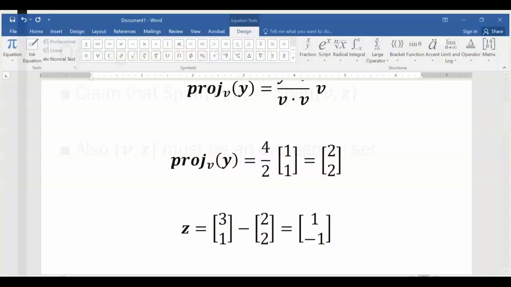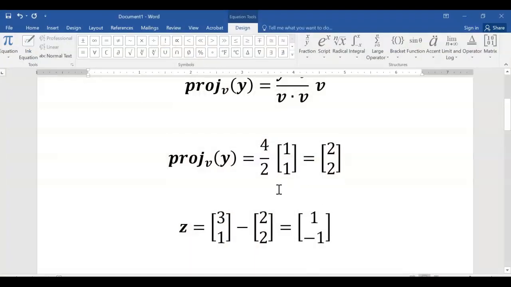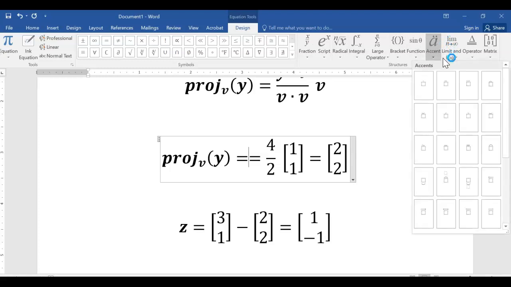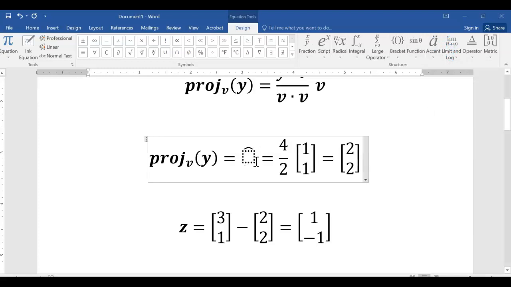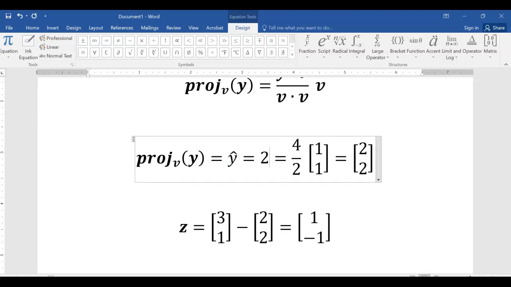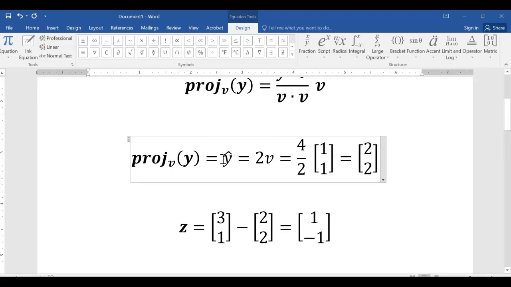Now let me show you that the span of {v, z} is the same as {v, y}. Let's call the projection what we called it before, y hat. So the projection of y onto v is y hat, and we can see that y hat is just 2 times my vector v.